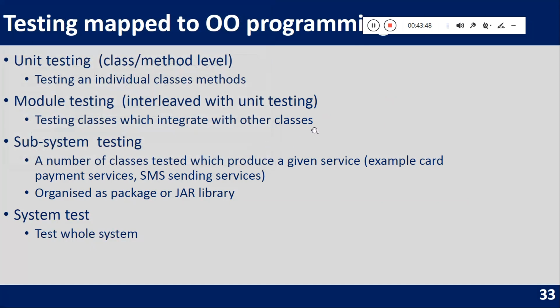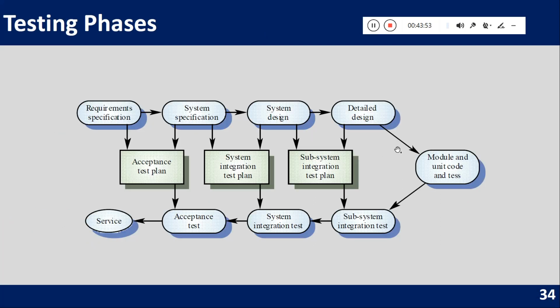The subsystem testing and the system testing are like the whole system, and the design phase is where we integrate them into a much more detailed one, from the requirement specification, system design, detailed design, and module.